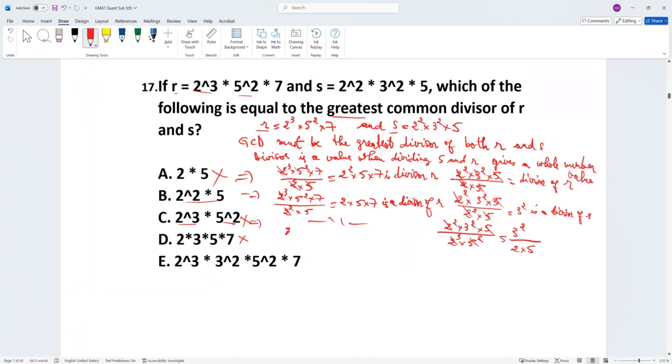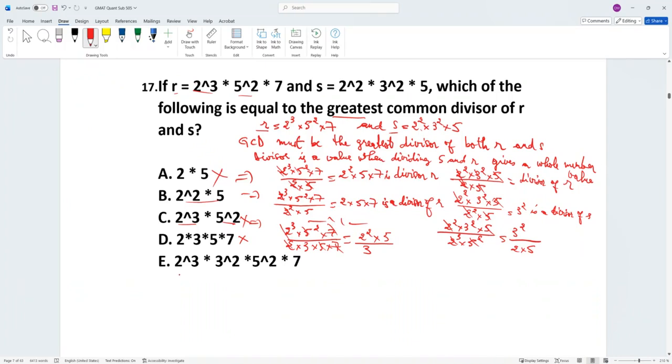Because R is 2 to the power 3 times 5 to the power 2 times 7. And if we say 2 times 3 times 5 times 7, we simplify like this. In the end, we'll have 2 to the power 2 times 5 over 3. This is a decimal number.